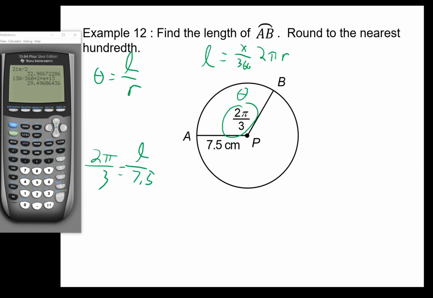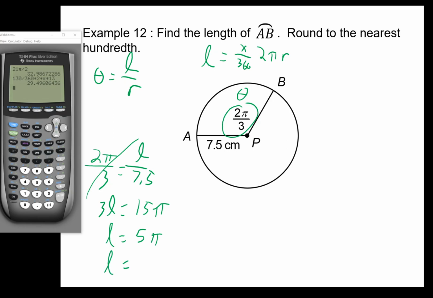So now we're just going to cross multiply and solve. That gives me 3L is equal to 2 pi times 7.5. Well, 2 times 7.5 is 15 pi. Now we're going to divide both sides by 3. 15 divided by 3 is 5 pi.